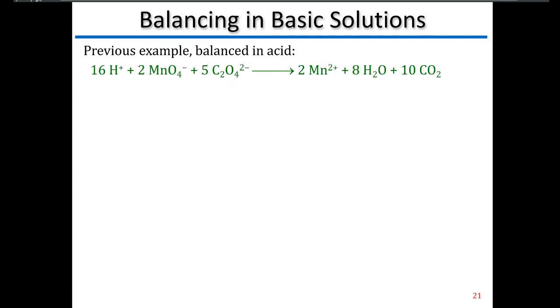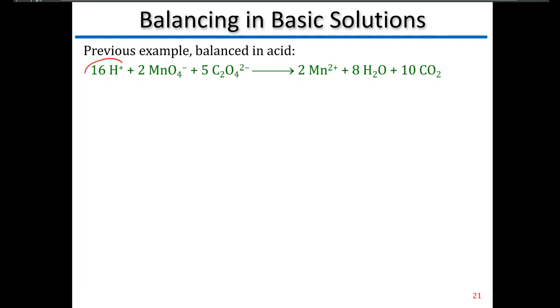So if we take our same example that we had before, we balanced this one in acid. But suppose now we want to balance this in basic solution. What you need to do here is look for anywhere where you have excess H plus, and anywhere you have excess H plus, you're going to want to add OH minus.